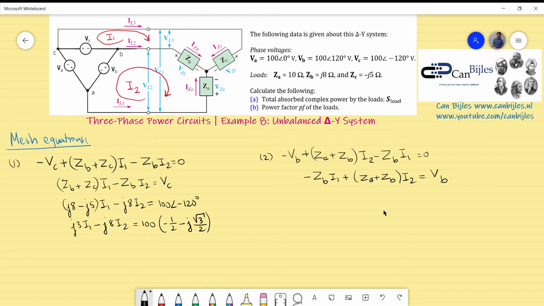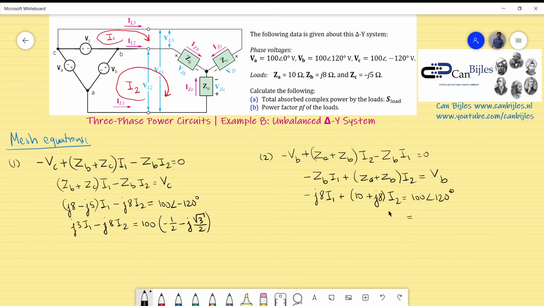So that is minus Z of B, which is minus j8 I1 plus 10 plus j8 times I2, and this will be 100 with a phase of 120 degrees.